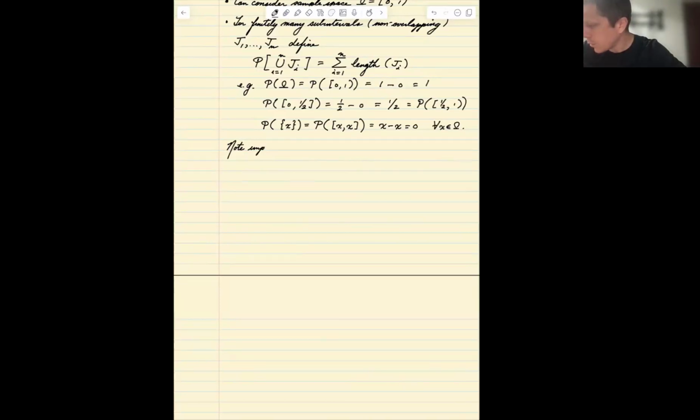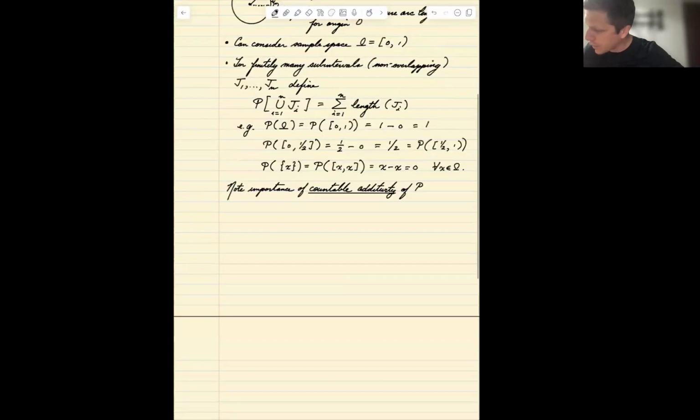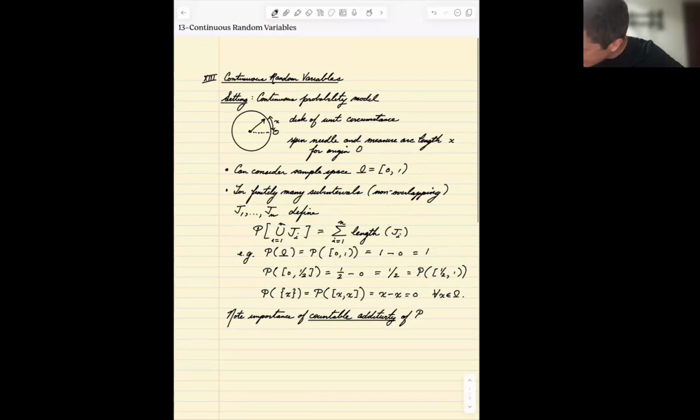What I mean by that is, think about how we are spinning this needle, and it lands at a specific point, let's say here.